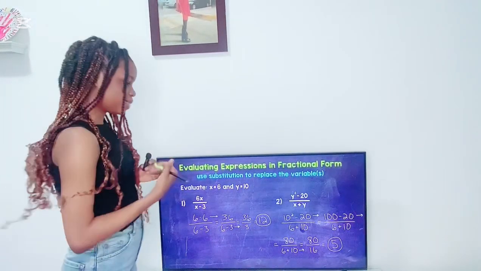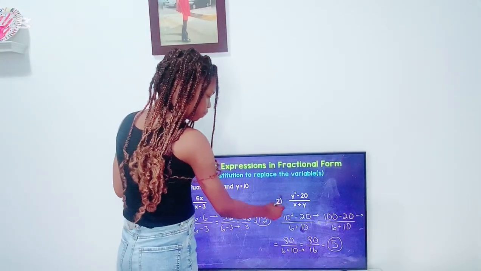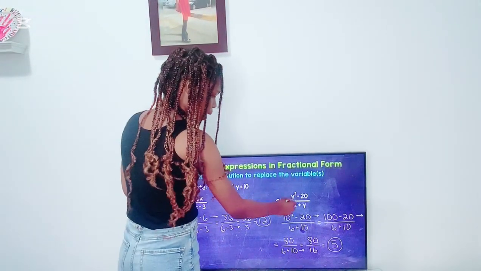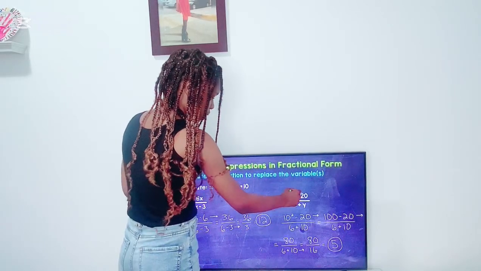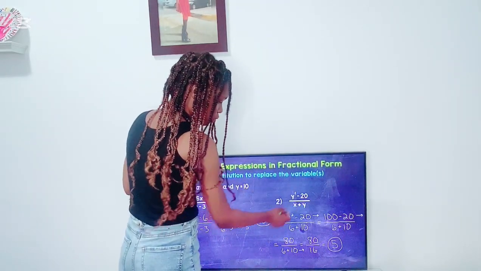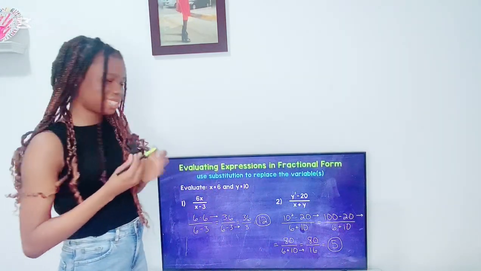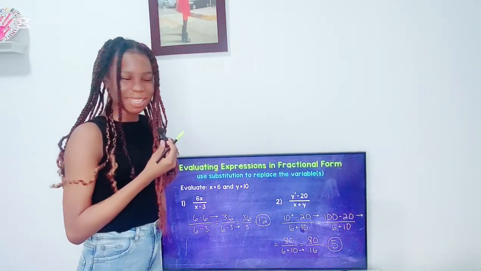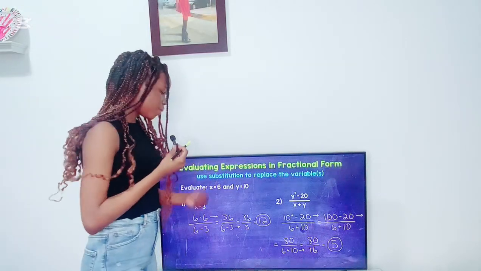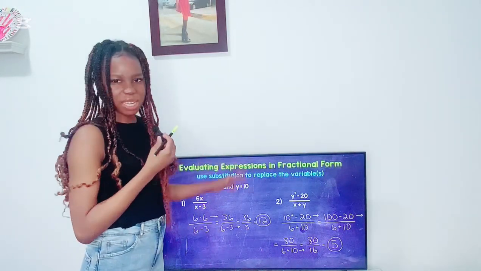So now let us move on to number 2, which says y raised to the power of 2 minus 20 over x plus y. Now I know this might seem a bit complex, but don't worry. Again, when we're using substitution, this is a very easy topic.